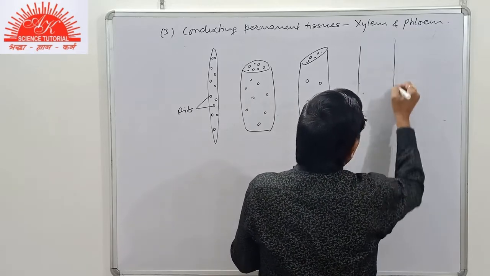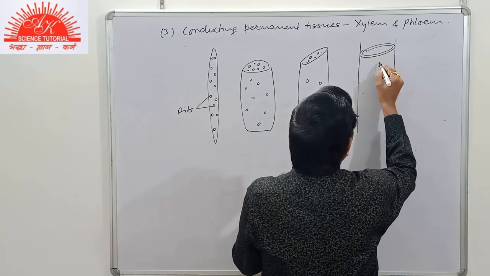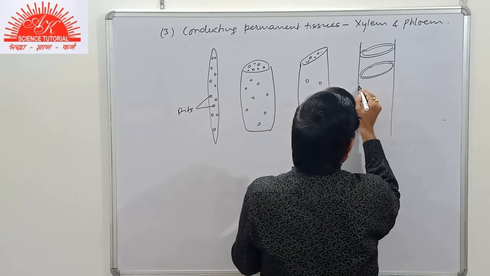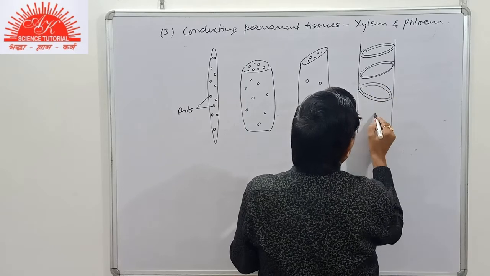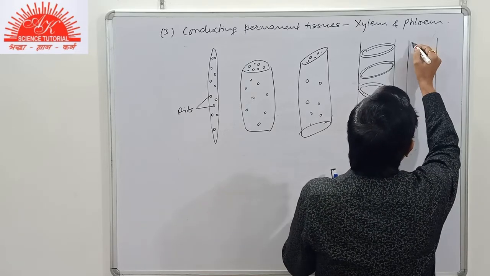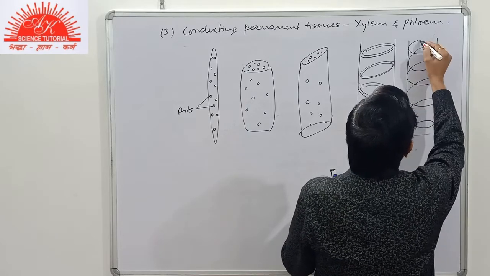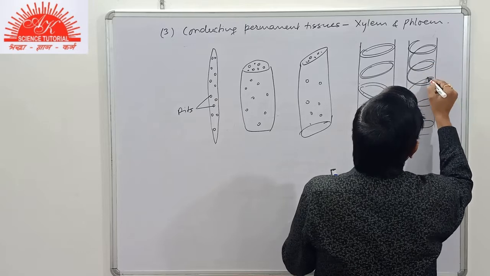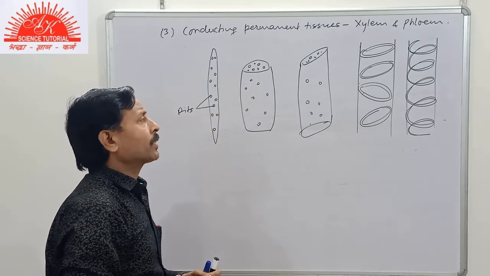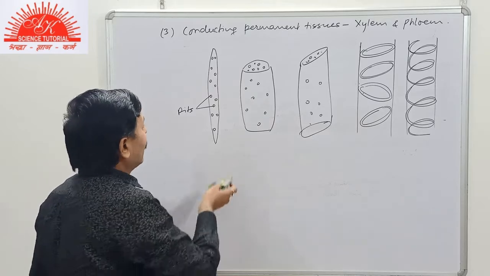In some cases it may have ring-like structures, or sometimes a spiral type of structure. In this case it is mainly providing mechanical support. So these are the different shapes of tracheids depending upon the thickening of their walls.